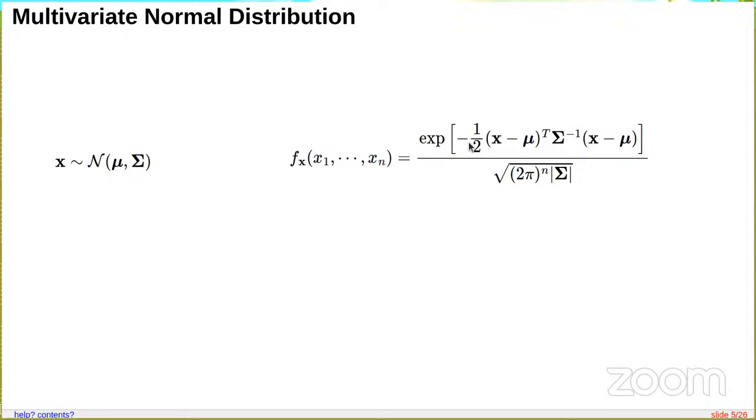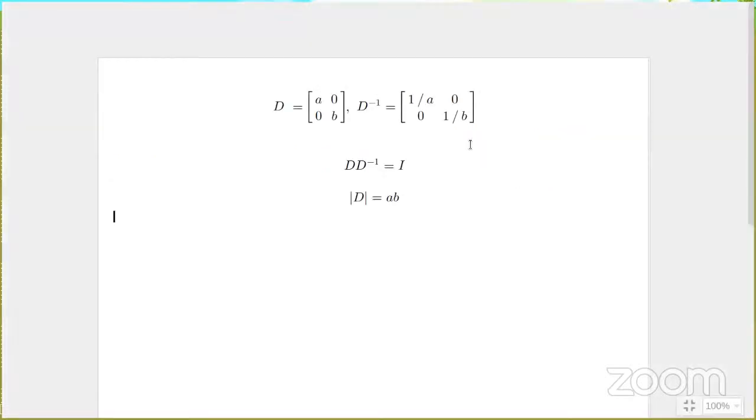right? So it's just an extension of the normal distribution to several variables. If you remember the normal distribution, it will be something like e power minus half into (x minus mu) whole square by sigma square, right?